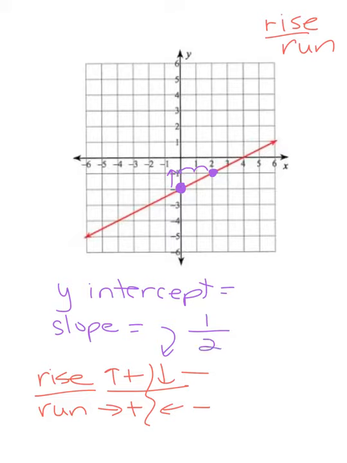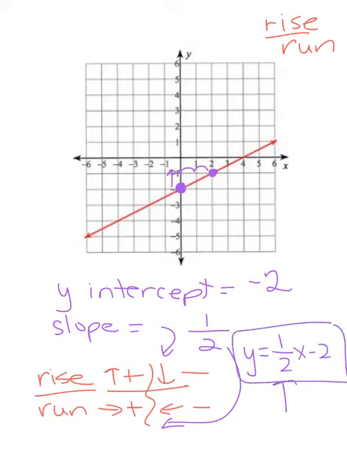And because I went to the right 2, that's positive. So my slope is 1/2. I already identified that my y-intercept was -2. So the equation of this line in slope-intercept form is y is equal to 1/2 x minus 2, because I found my slope to be 1/2 and my y-intercept to be -2.